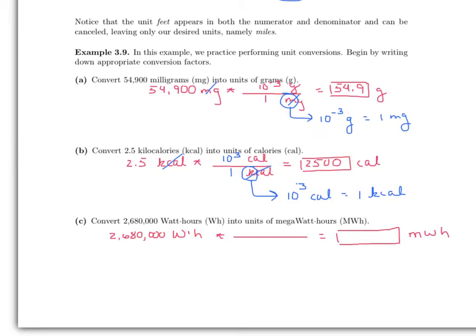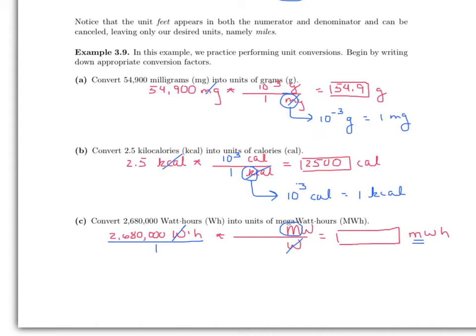So in particular, we want watts in the denominator and megawatts in the numerator, because then we will be able to cancel the watts, because the watts over here are actually in a numerator, because we can put this over 1. So the watts will cancel, leaving us with megawatts when we're finished in our final answer.